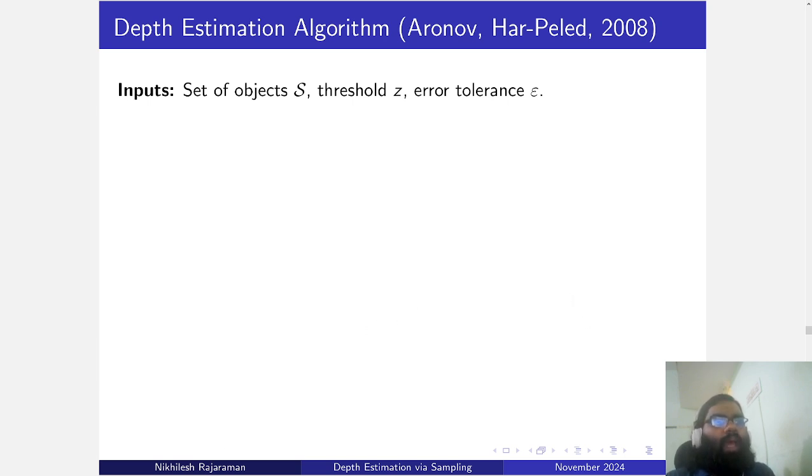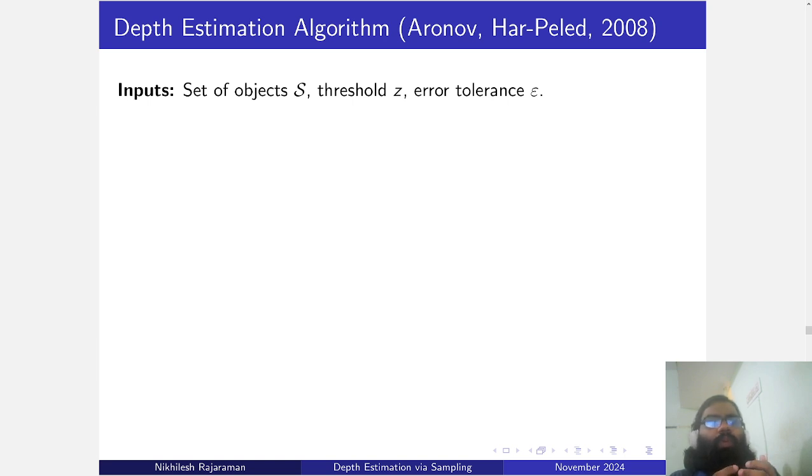This algorithm is going to use an algorithm and data structure for emptiness as a subroutine. So what we're going to describe essentially is a reduction from the depth estimation problem to the emptiness problem. Basically, for any kind of instance where we can solve emptiness efficiently, we can use this algorithm as a generic method to also solve the depth estimation problem.